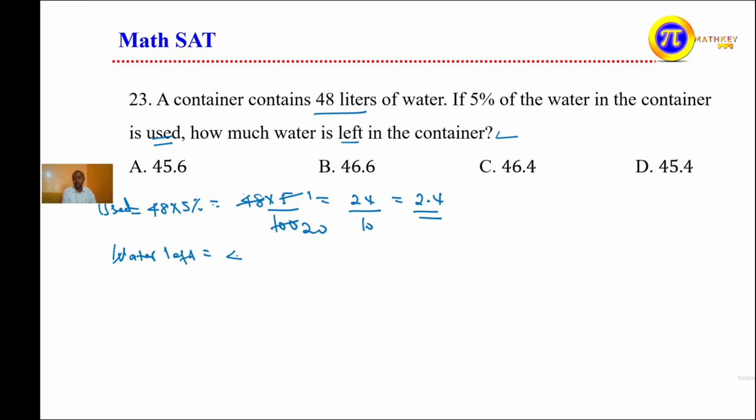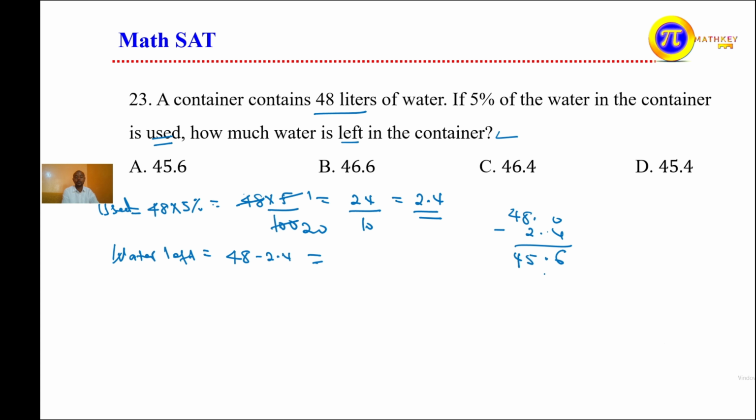total water present in the container, that is 48 minus 2.4. 48 minus 2.4: 0 minus 4 is impossible, take 8 gives 10, and 10 minus 4 is 6. Then 7 minus 2 is 5.